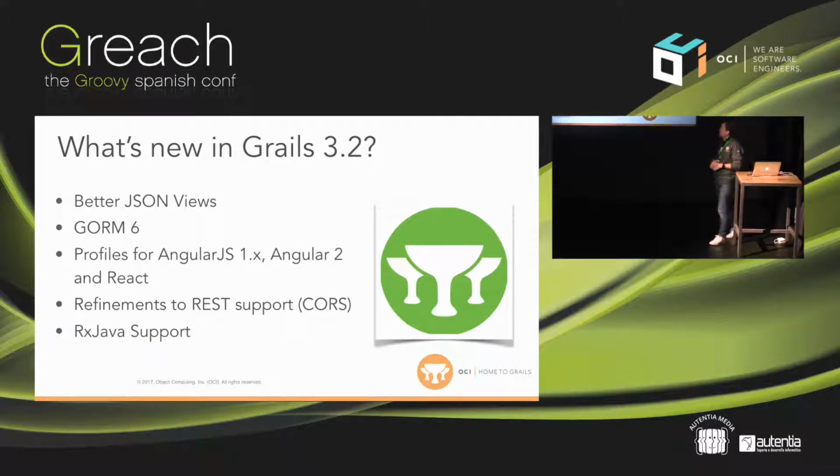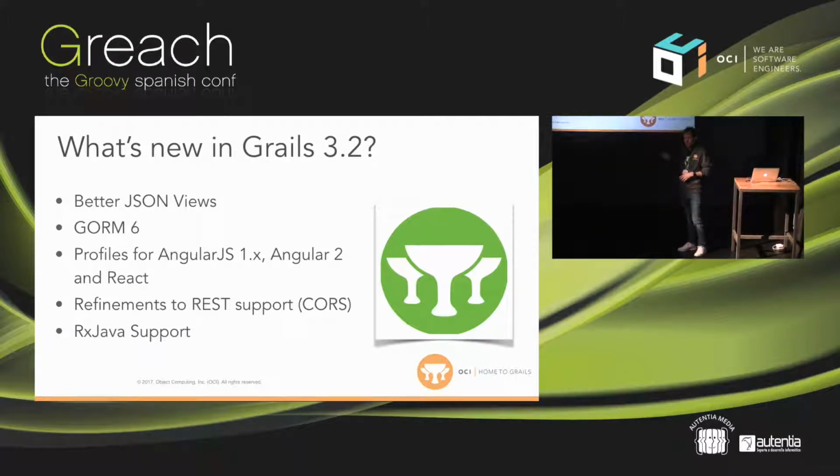So just a recap on what's new in Grails 3.2, which I think we released last year, in September, the initial GA version. So it was an advancement on Grails 3.1.